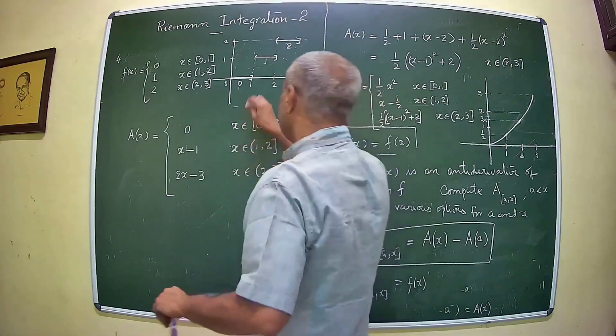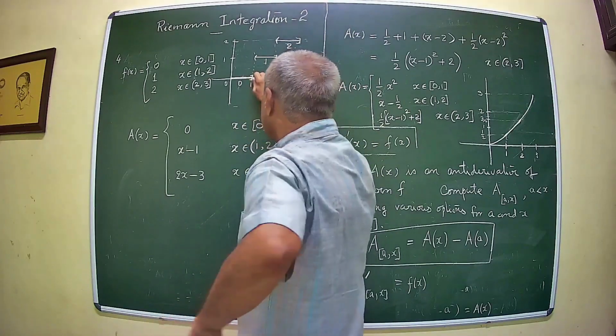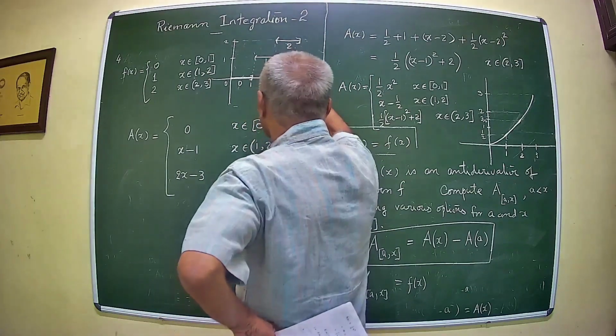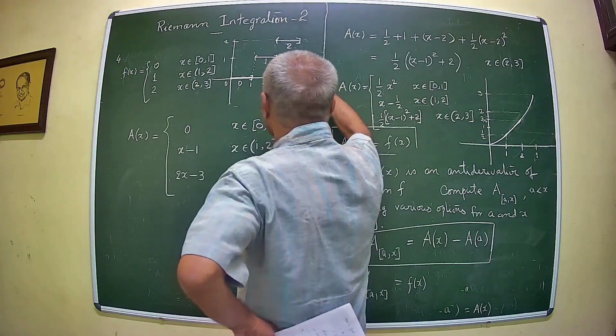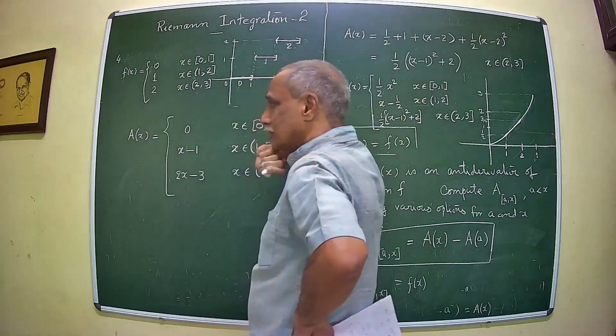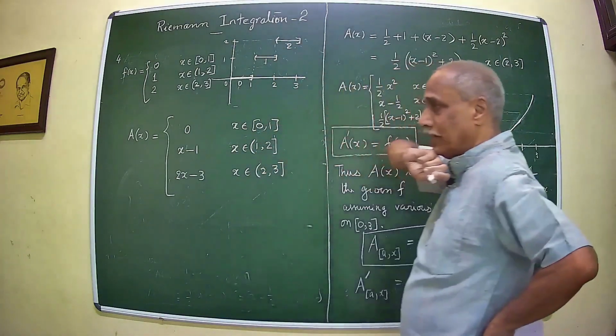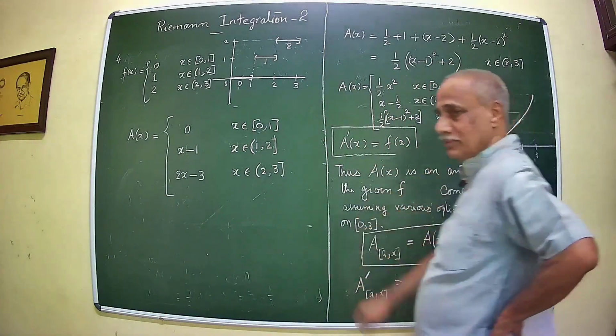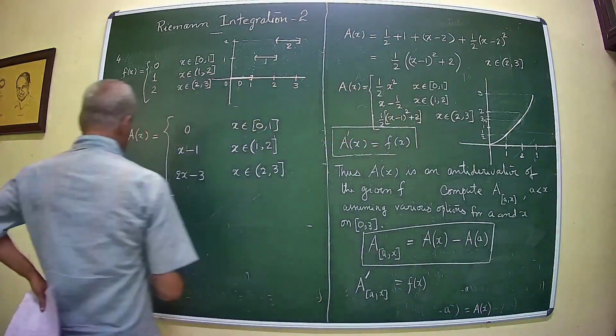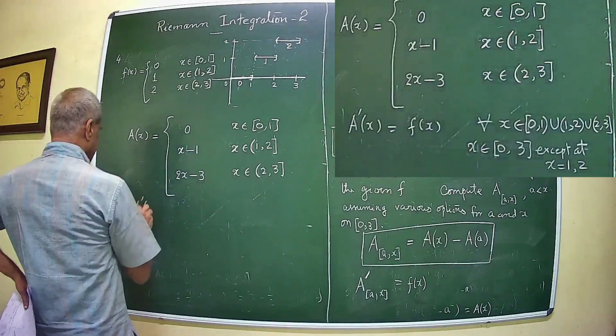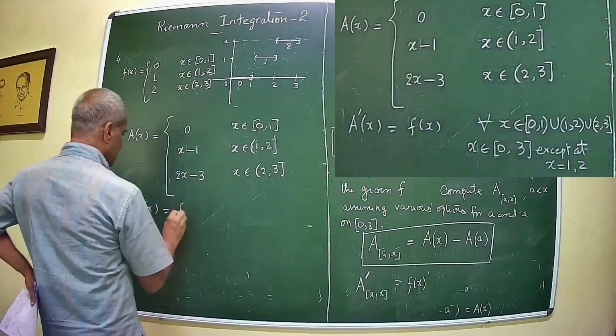Compute everything with x chosen between 0 and 1, between 1 and 2, between 2 and 3, and almost in your mind you can do it; you don't have to take your pen to compute this. Now you observe that in this case also A'(x) equals f(x).